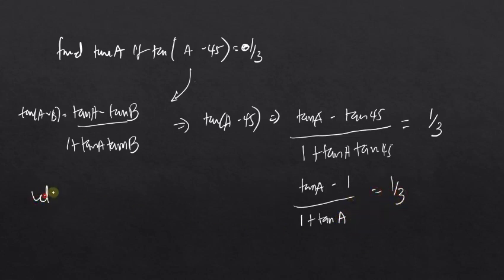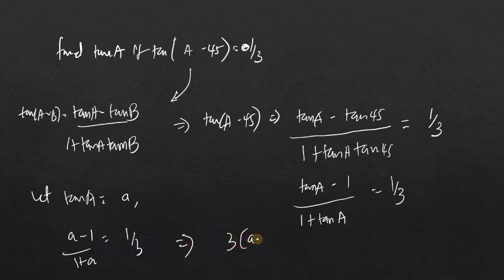So we can let tan A equal to some small a. So then we have a minus 1 all over 1 plus a to be equal to 1 over 3, implying that we'll have 3a minus 3 is equal to a plus 1.